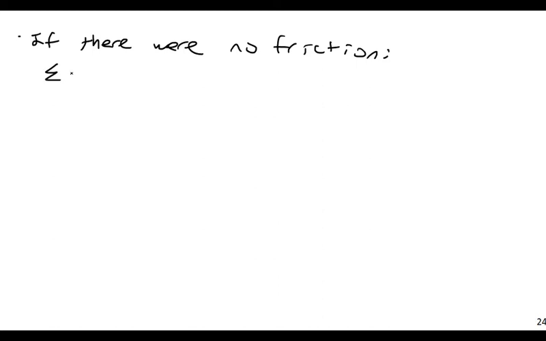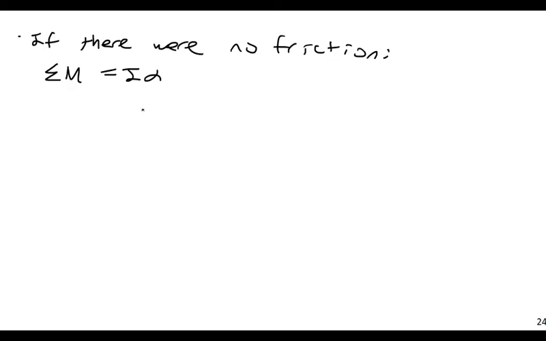So if I looked at the same sum of moments before, that previously equals I alpha, remember that one? Previously I said that the sum of moments was, let's do the sum of moments about C, I should say, here.